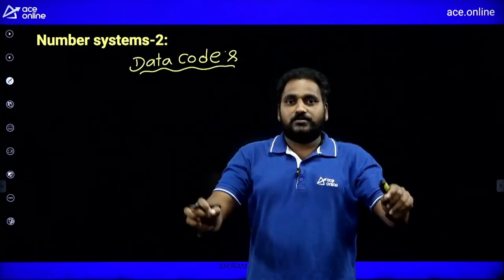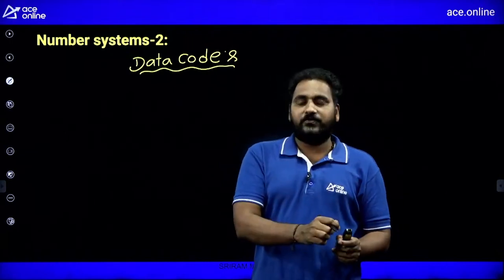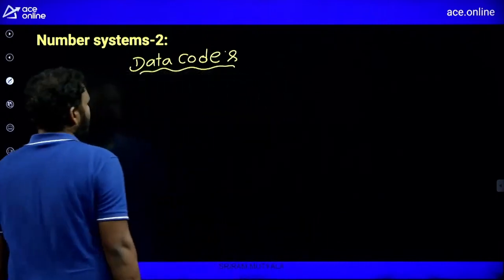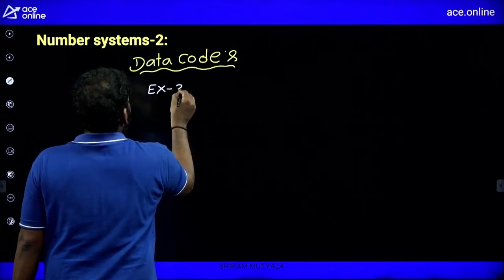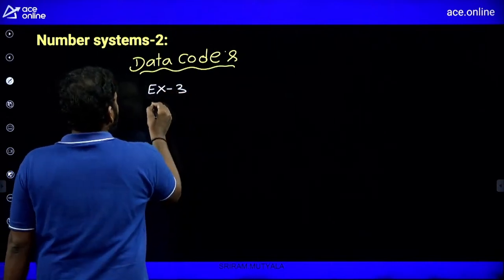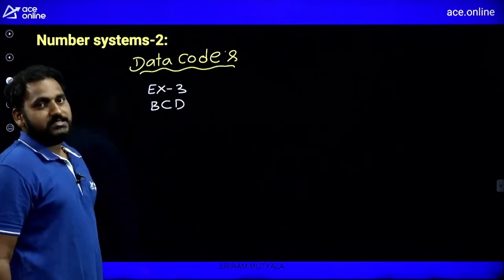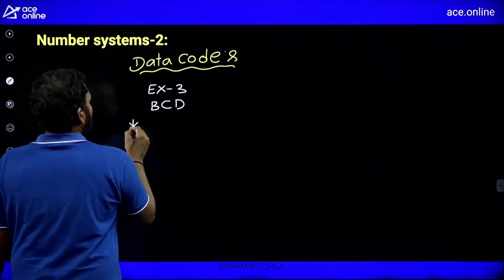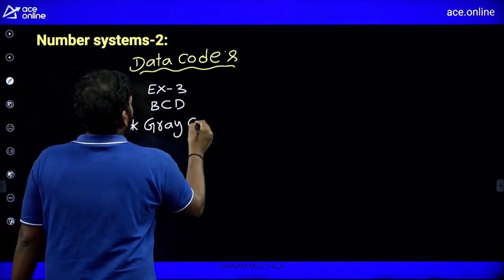Very rarely are questions asked, and that too repeated questions selected from the engineering services paper. You just try to focus on XS3, BCD, binary coded decimal number, BCD, and their properties. Numerical-wise, I am giving a star mark here: gray code.